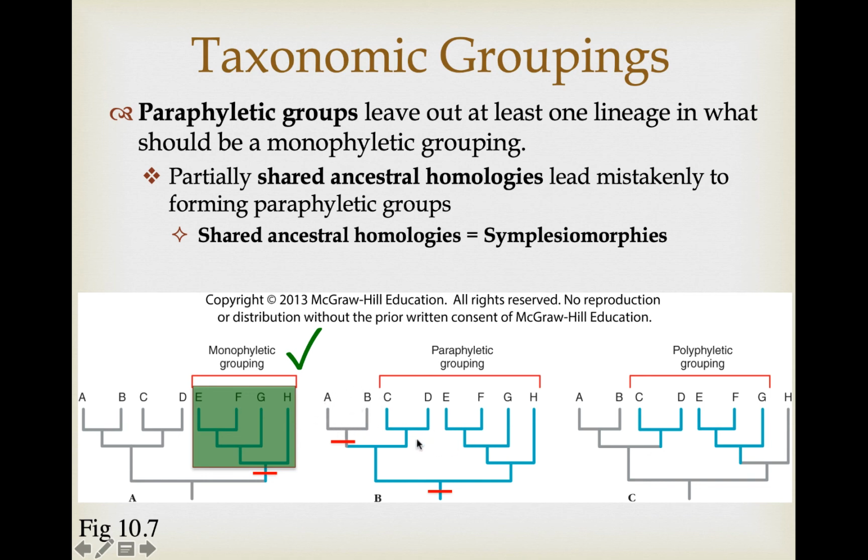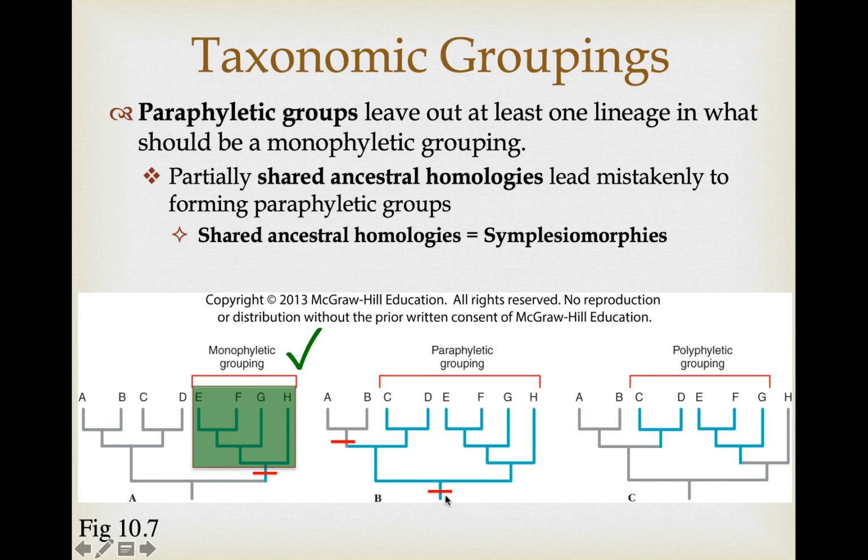So, for example, the traditional group we call the reptiles excluded birds. Well, birds are reptiles. They just don't look very reptilian in many of their characteristics. They've evolved wings. They've kind of evolved past that ancestral state.